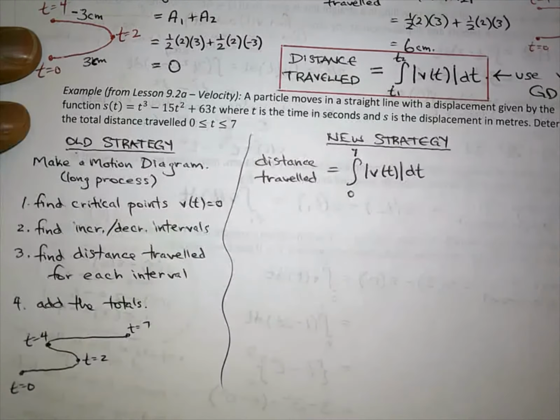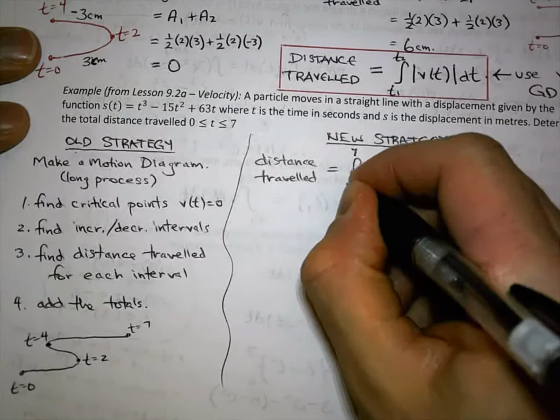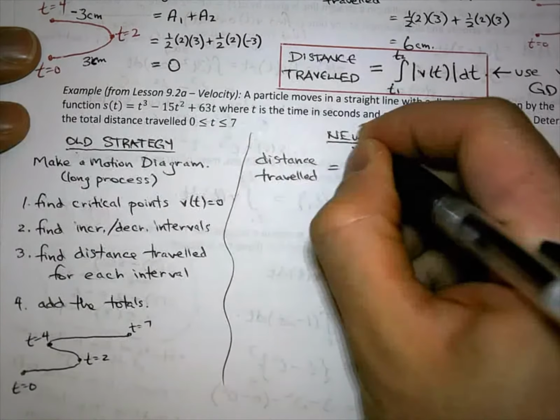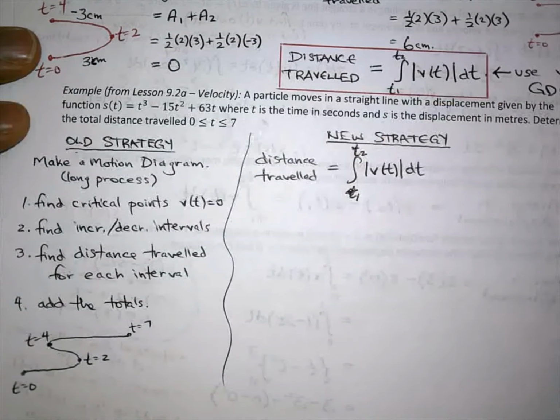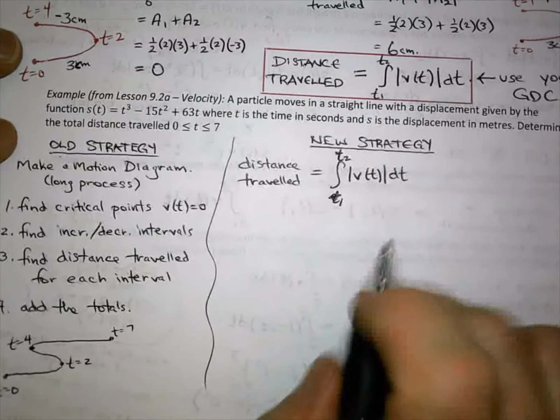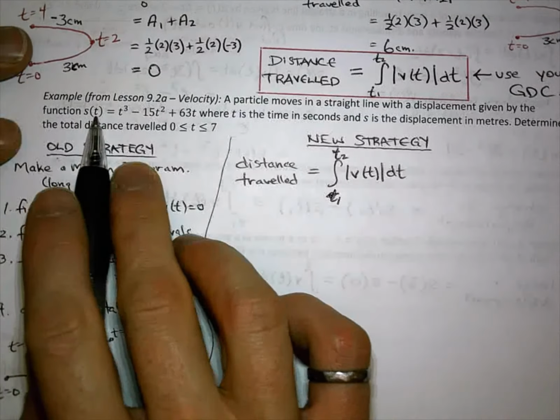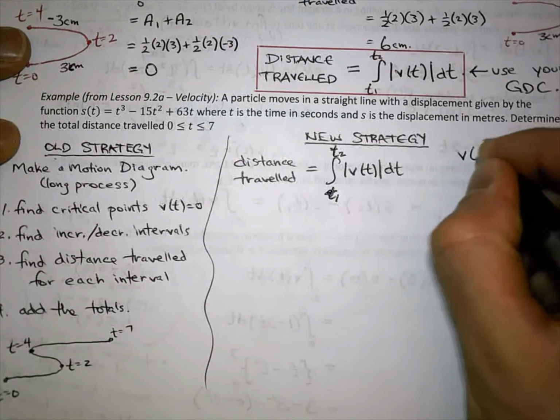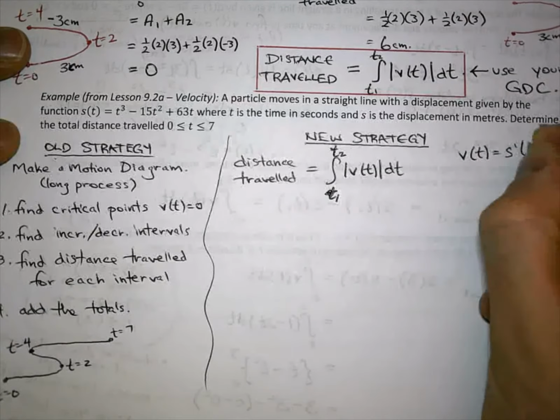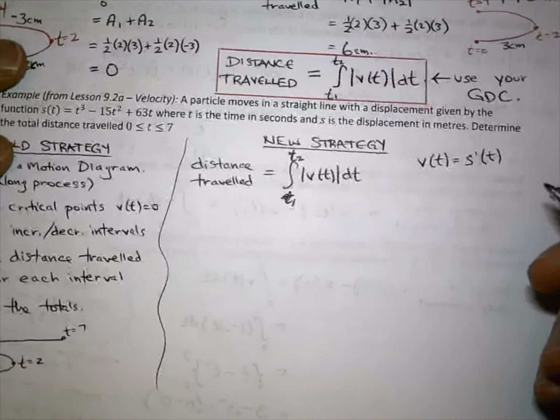Great. Now actually the only problem is, oh, I guess I should write it out. T1, and this is technically T2. That's the general version of the formula. Now the only problem is I don't know what v(t) is, I know what s(t) is. But luckily, I'm now an expert with motion, and v(t) is the derivative of s(t).